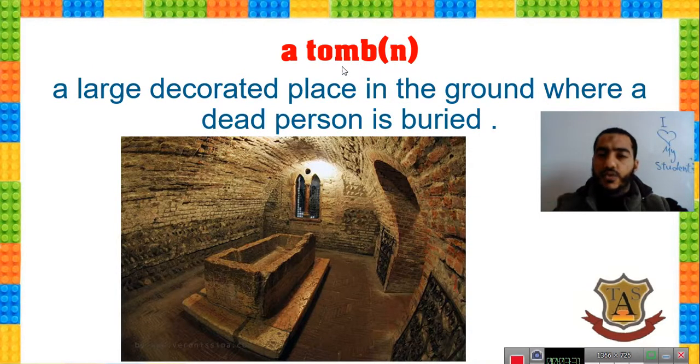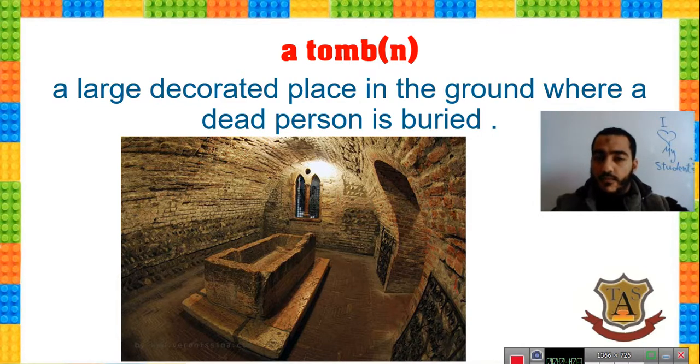Next, tomb. The b is silent. A tomb. A large decorated place in the ground where a dead person is buried. After someone died, we buried him in the ground. So this is like a large decorated place or room under the ground.